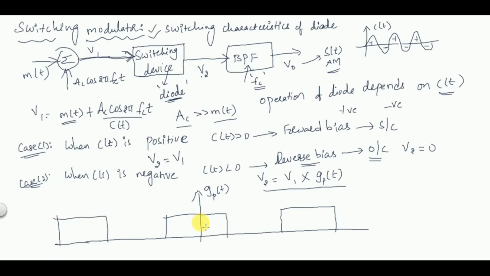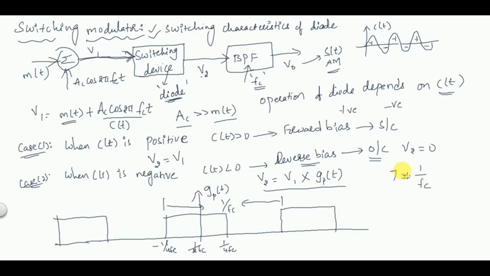Okay, so this is Gp of t. This is one complete cycle, so this is 1 by fc. The frequency is fc, so the time period of this is 1 by fc.